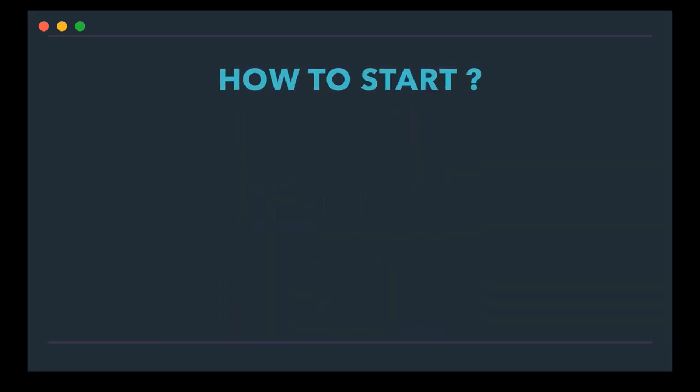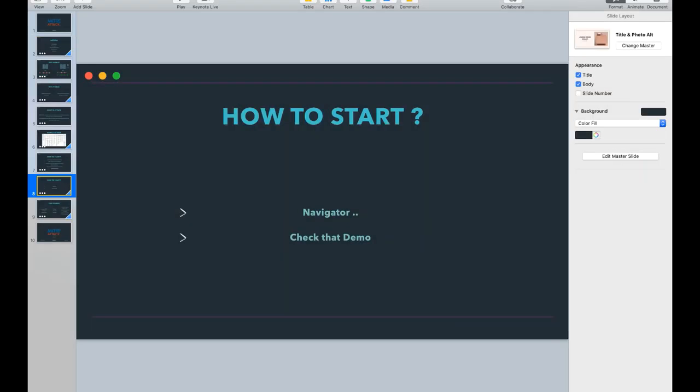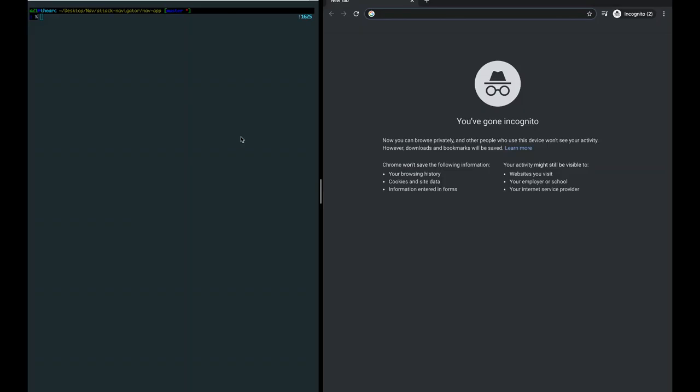So, how to start? One of the very good starting points is the Navigator that we are going to see right now. So let's check this demo of the Navigator. I will be starting the Navigator app as a local app on my device, and the Navigator app is a web application interface that I can manage and I can handle the full ATT&CK framework through.